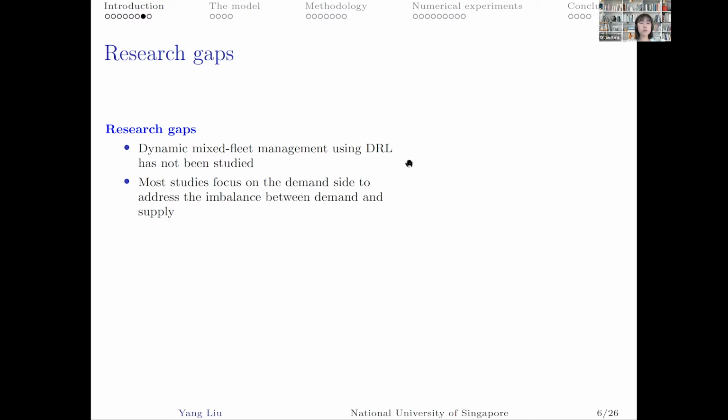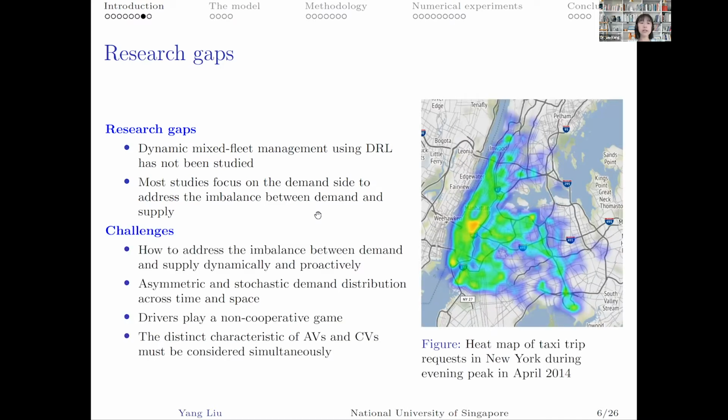And also, most of the studies in the past focus on the demand side. So how to use a pricing scheme to influence the demand, so that the demand and supply can be better matched. So here, alternatively, we try to use a dynamic commission fee to influence the supply side. Okay, and those challenges still exist.